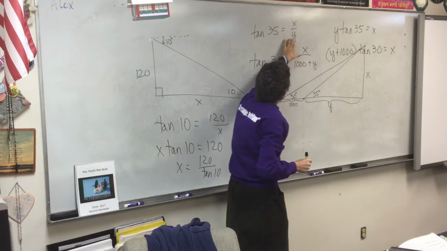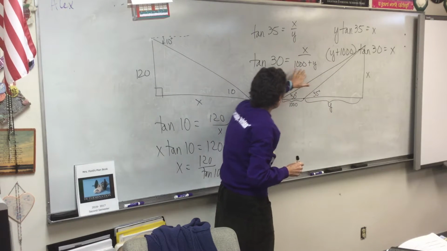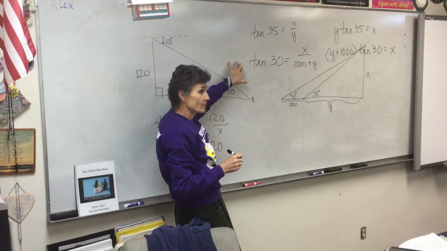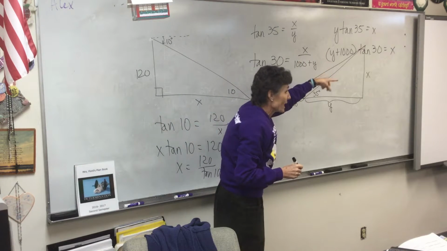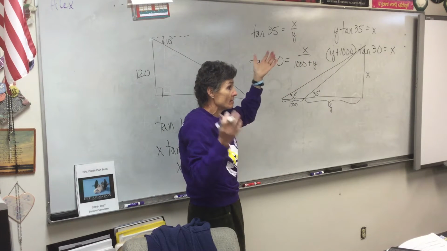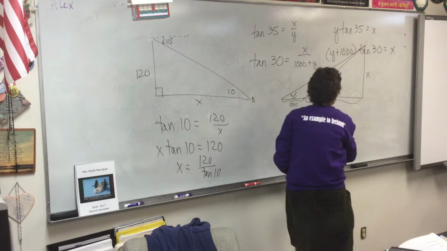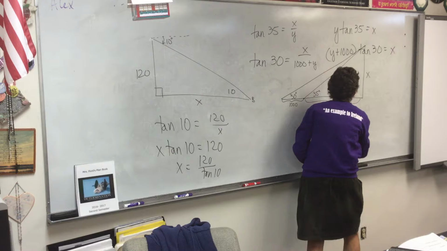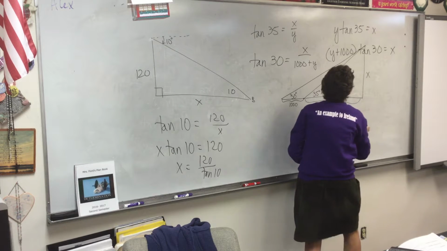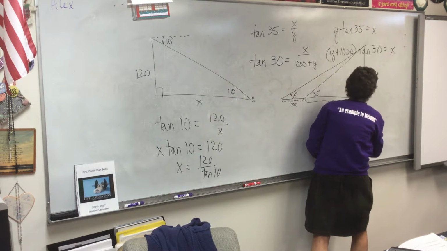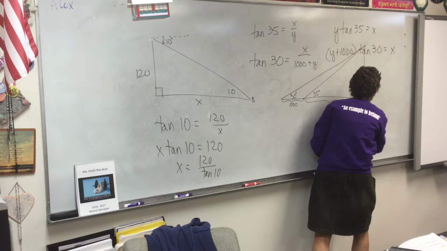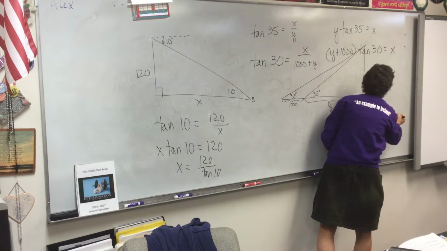Would you agree with that if I multiply the y over here and I multiply the denominator over here? Now, if they're both equal to x, then they are equal to each other. So I can say y tan 35 equals y plus 1,000 times tan 30.